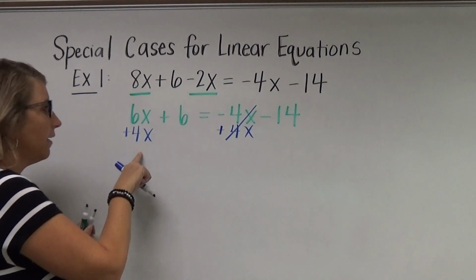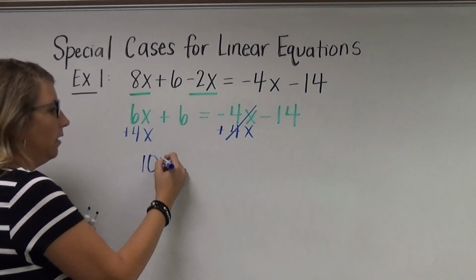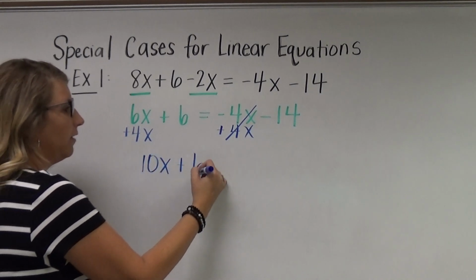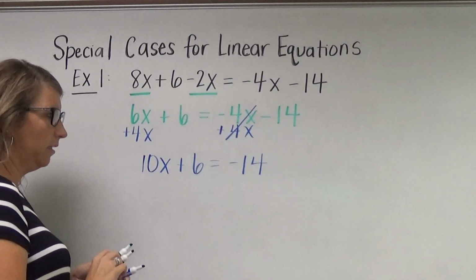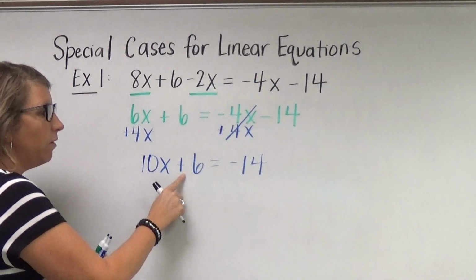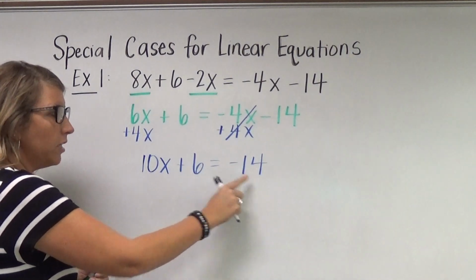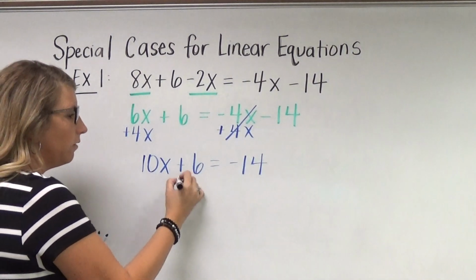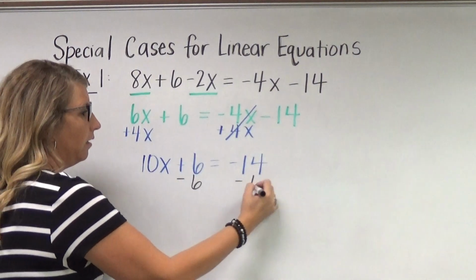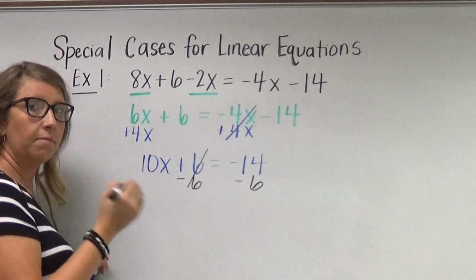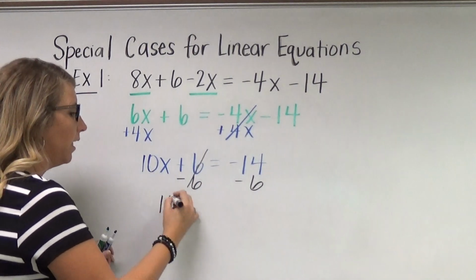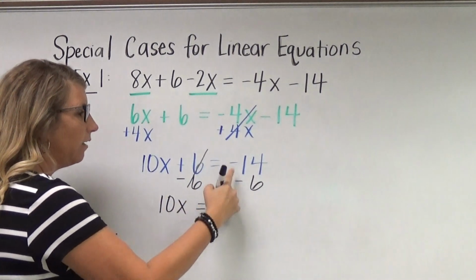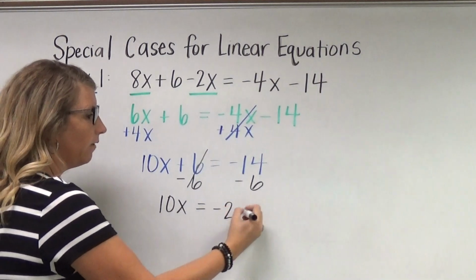But over here, 6 plus 4x becomes 10x plus 6 equals negative 14 on the right. My next step would be to move this 6 to be with the negative 14. When you cross the equals sign, you've got to use that opposite sign to cancel it out. So negative 6 plus 6, the 6 goes away. That leaves us with 10x equals negative 14 minus 6, which is negative 20.